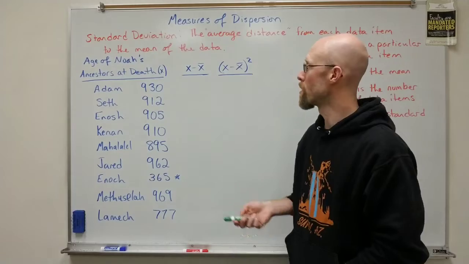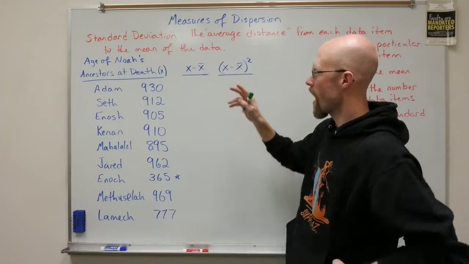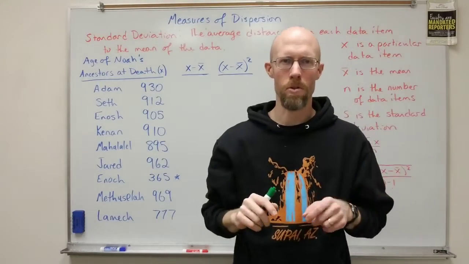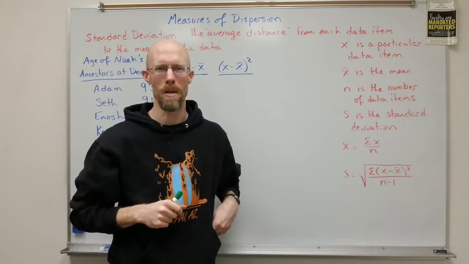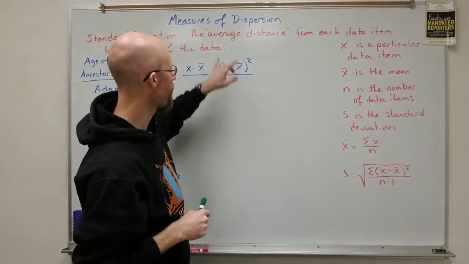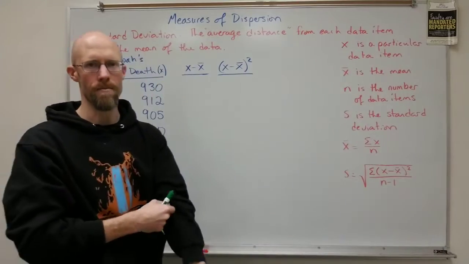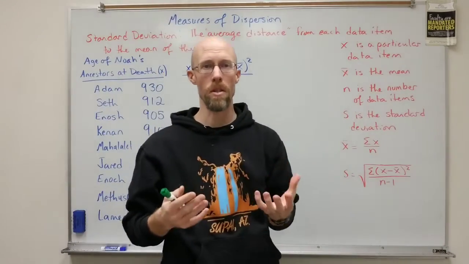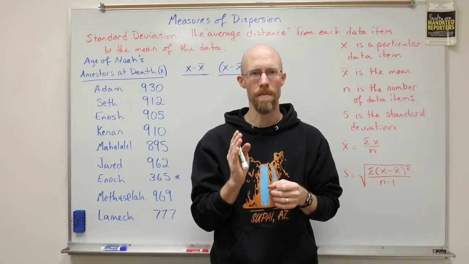So what I have up here, basically the idea of a standard deviation is it's the "average distance." I'm putting that in quotes because it's not really the average distance, but it's kind of meant to be that way. The average distance from each data item to the mean of the data, okay? So if you were to calculate the mean, that gives you your central location within the data.